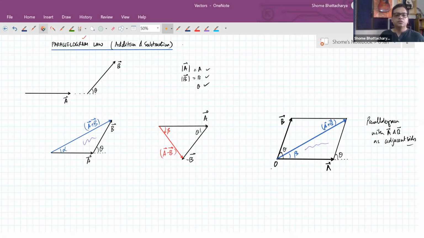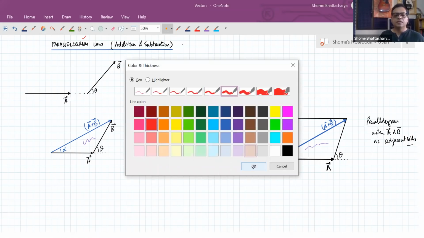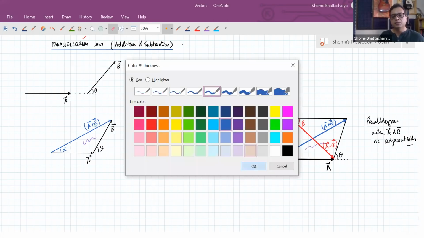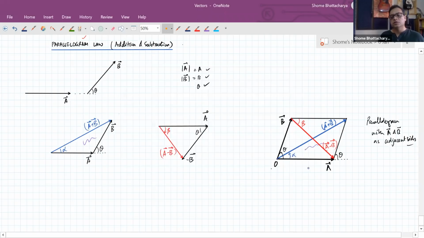And likewise, if you look at the secondary diagonal, the diagonal that you get by joining the head of B with the head of A, this one. Now you can see that that is nothing but this same construction as this. So this is now my A minus B. So you can see that in the same geometrical diagram, I've got both the physical quantities A plus B and A minus B. So you can see that this particular triangle that we had here, this triangle is this one.